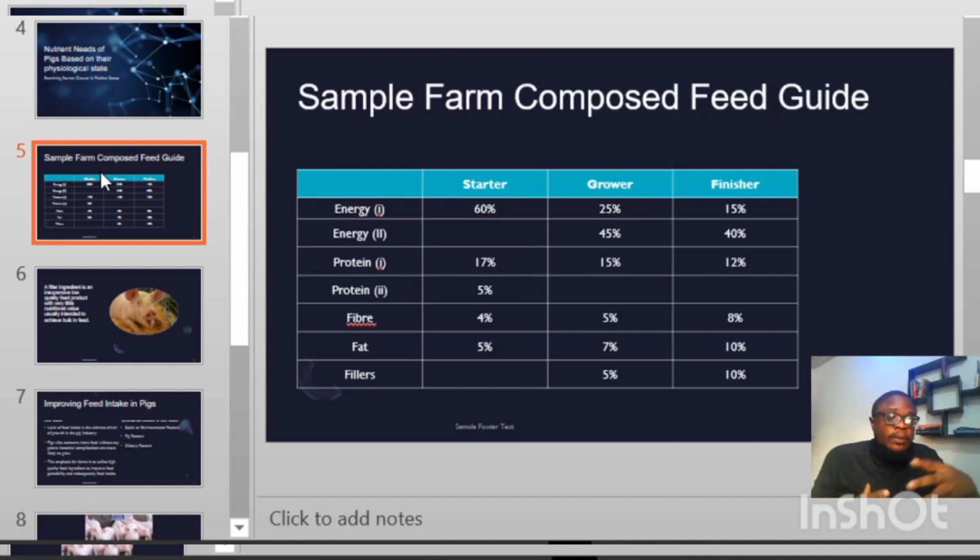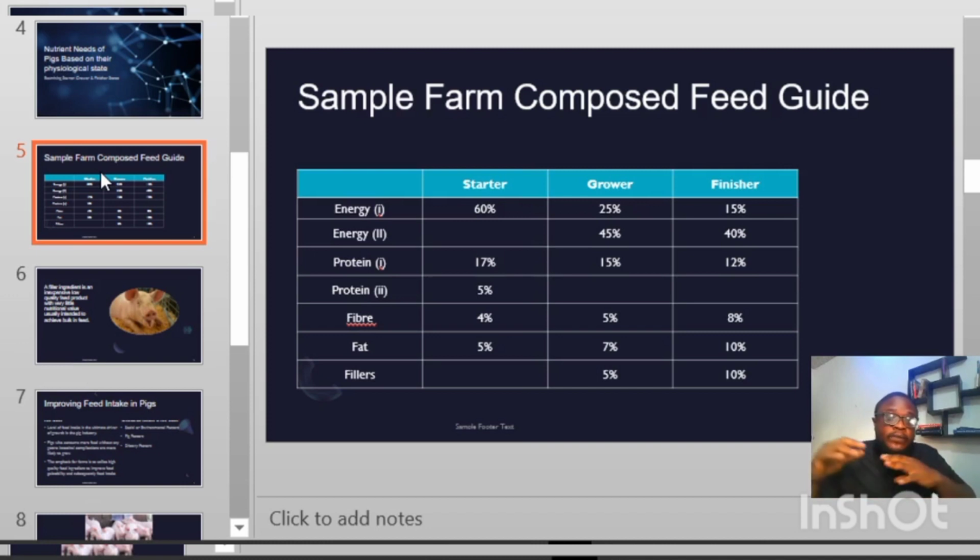You can include your plant protein, typically soybean, up to 17%, and then include your fish meal or blood meal up to 5% of your composed feed. Then you want to bring in a little bit of fiber and a little bit of fat into their feed. This table does not include vitamins and minerals. We'll be able to do that in another section.